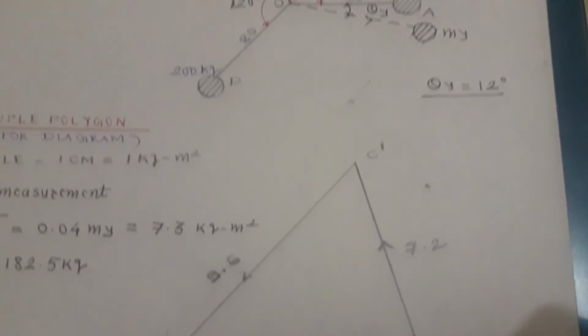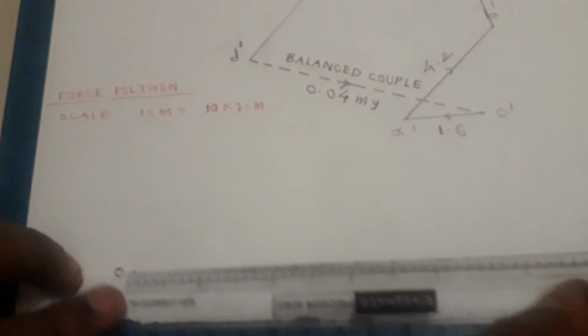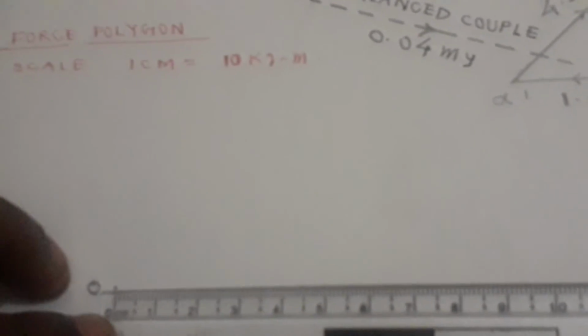Anywhere you can take the starting point as O, and from this O, as per the scale, we can locate the position of A. So this is the vector for 16 kg meter for the first mass.